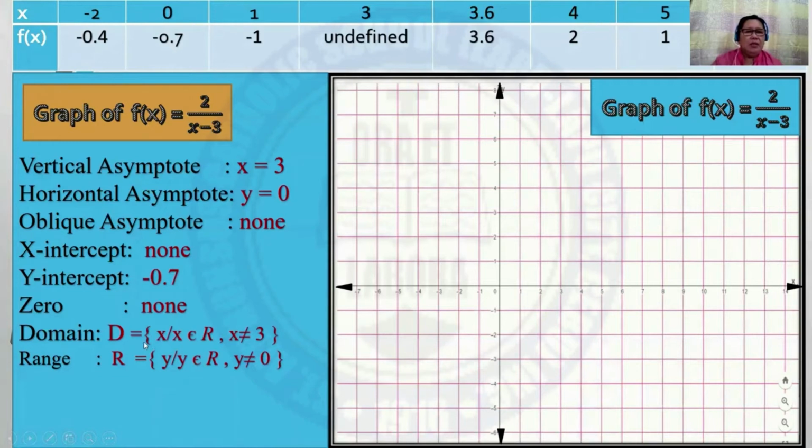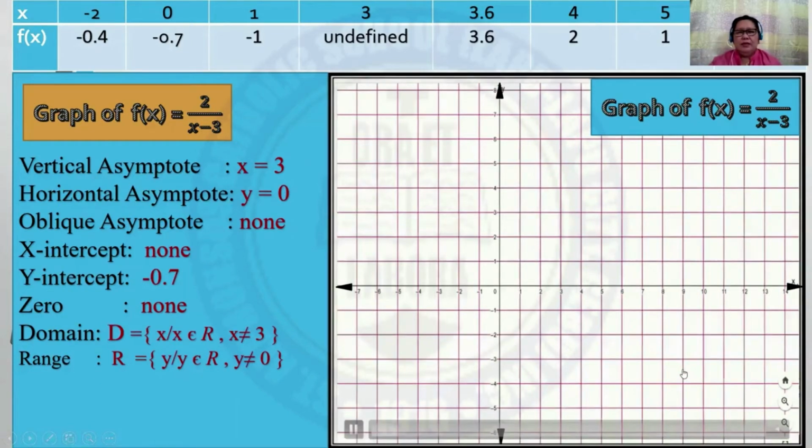The domain is equal to the set of x such that x is an element of R where x is not equal to 3. And for the range, we have the set of y such that y is an element of R where y is not equal to 0.